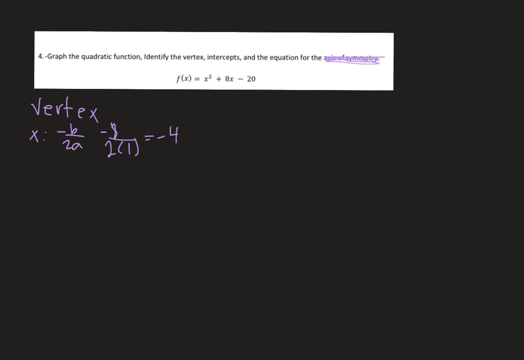Now we have the y value of our vertex. The y value of our vertex is found by just plugging the x value of the vertex into the function. So we have negative 4 squared plus 8 times negative 4 minus 20.